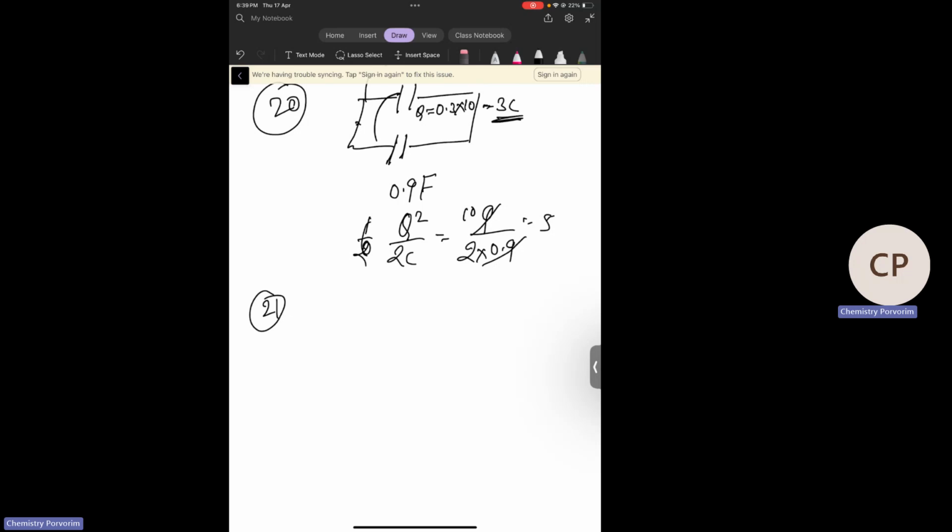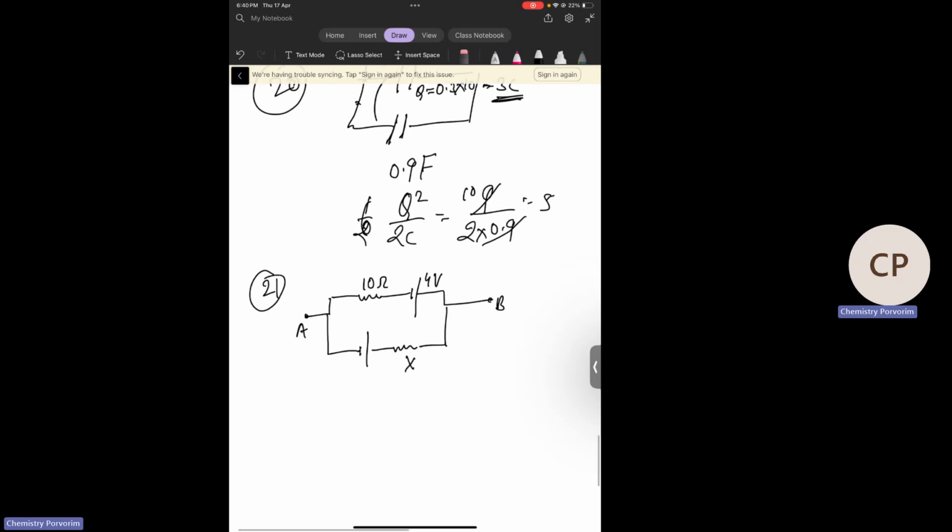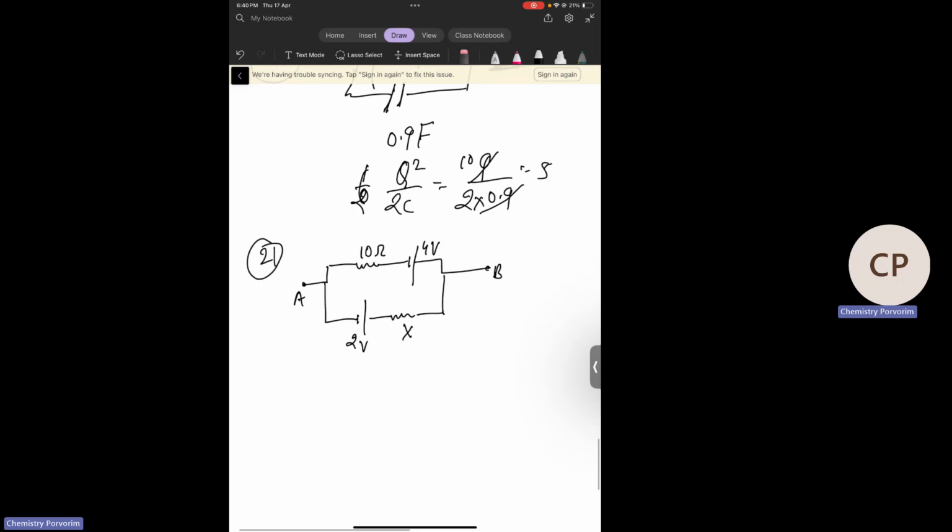21. In the diagram shown below, if the potential difference between the points B and A is 3 volt, the resistance X is. Okay. This is the potential difference between the points B and A, 3 volt.